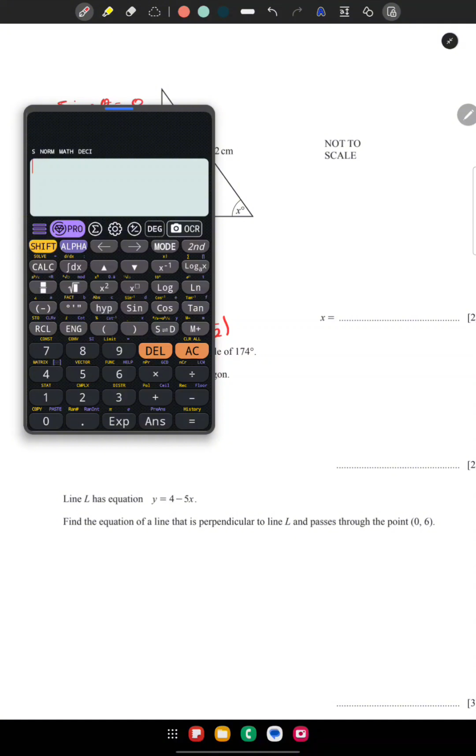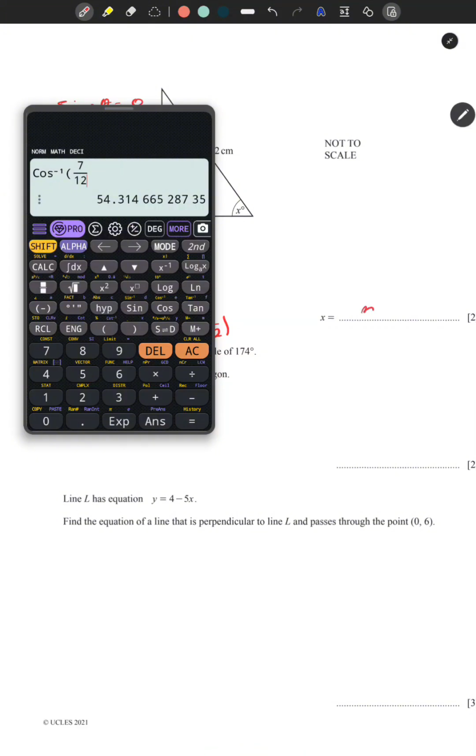Shift cosine 7 over 12, and that's equal to 54.3. So x equals 54.3 degrees.